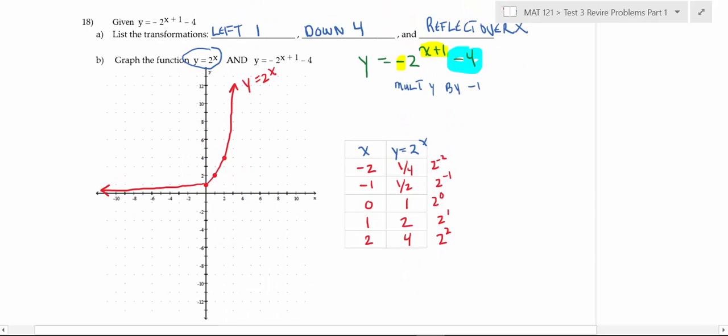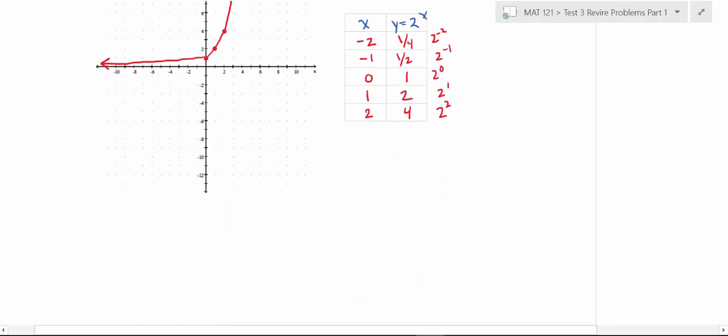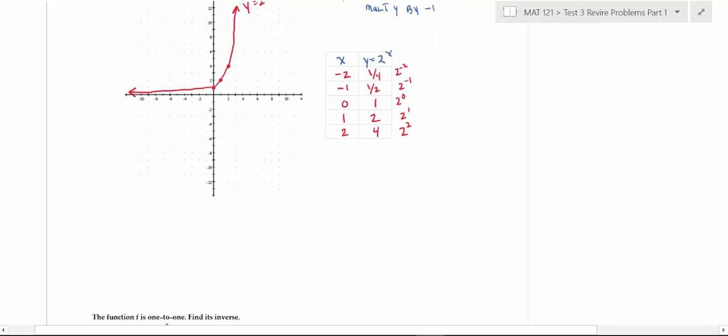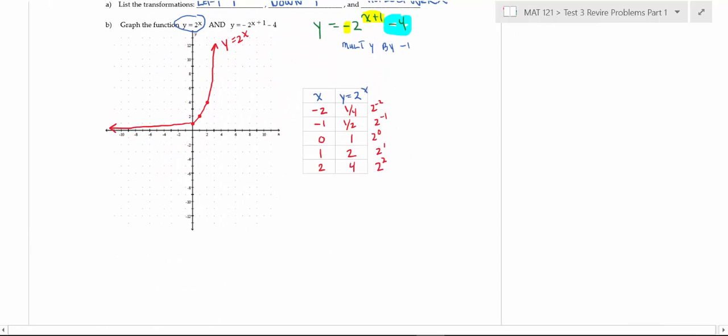Now if you want to do this, you can either do a table of transformations the way I taught you early in the semester, which I'm going to do, or you can just make a table of values. Students a lot of times don't realize that if they just apply basic arithmetic skills, they can get this right. I'm going to make a table of transformations on this.